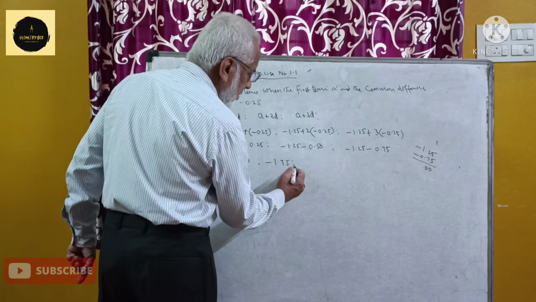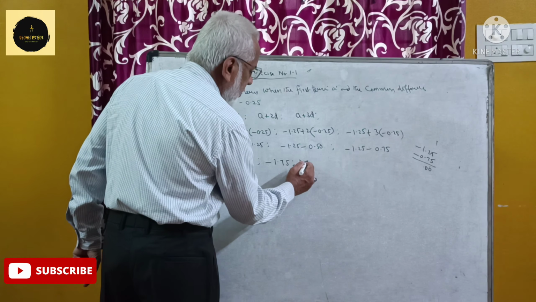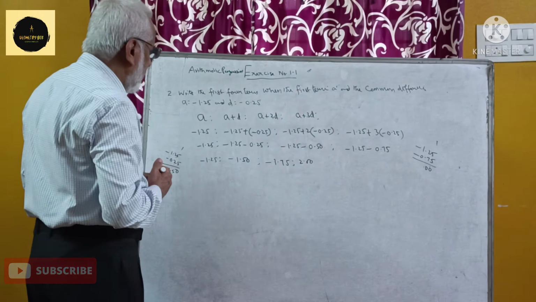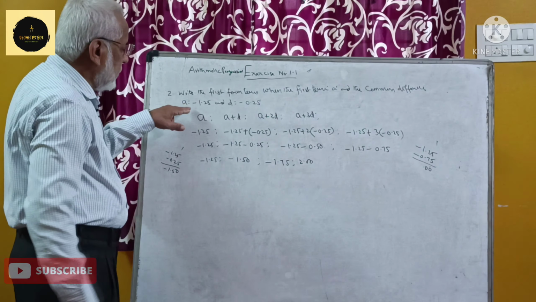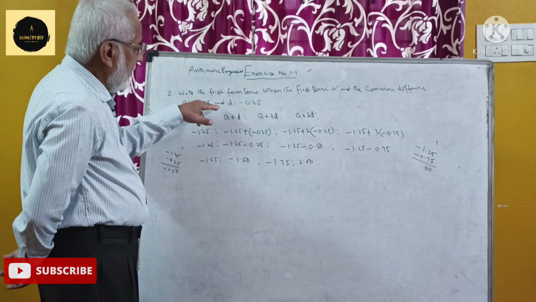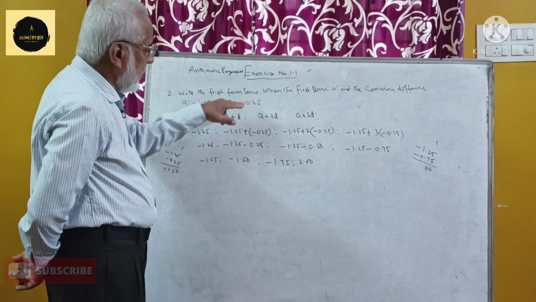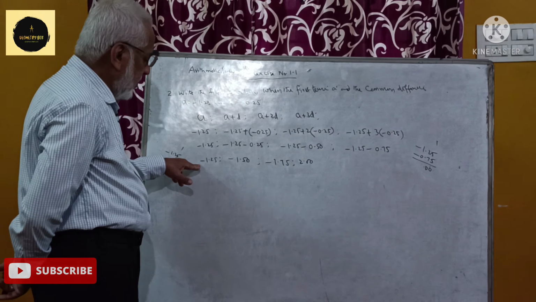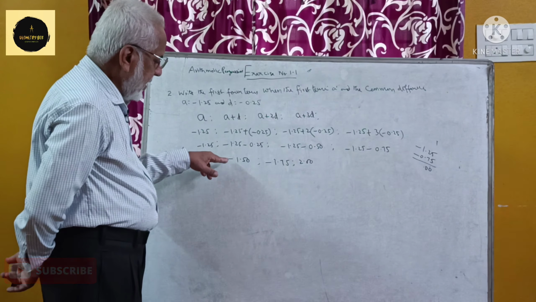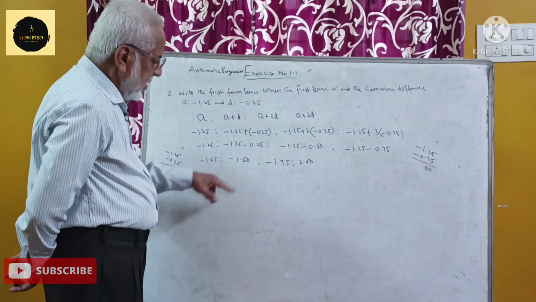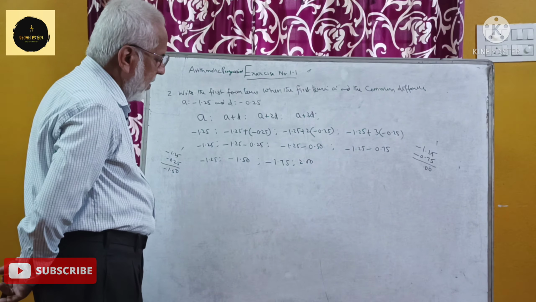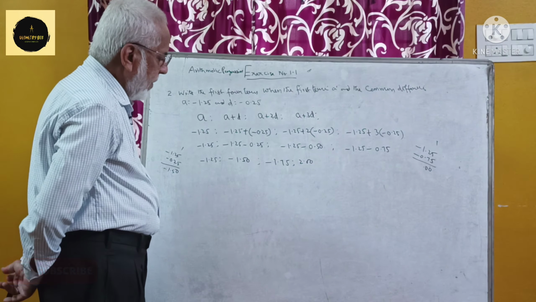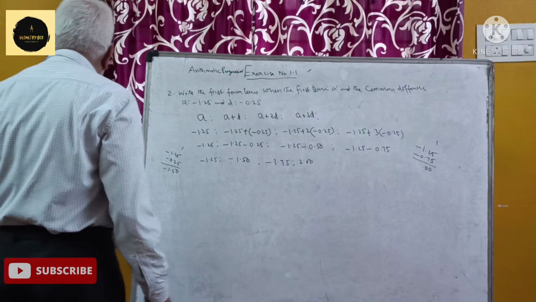That means the fourth term is minus 2.00. So these are the first four terms. When the value of a is minus 1.25 and d is minus 0.25, the first term is minus 1.25, the second term is minus 1.50, the third term is minus 1.75, and the fourth term is minus 2.00.